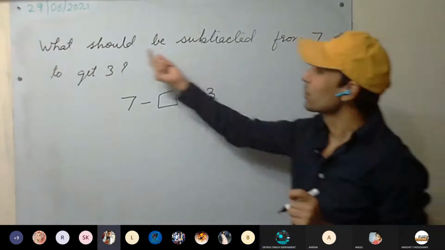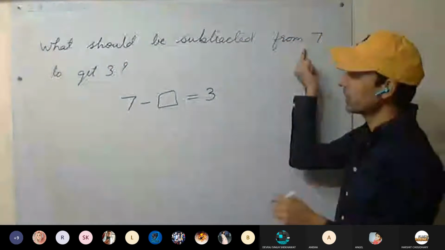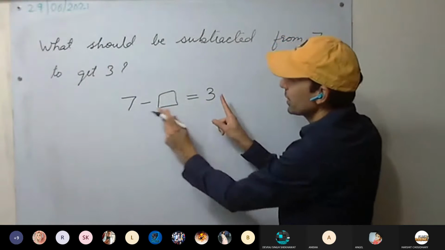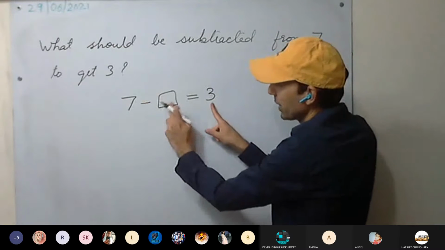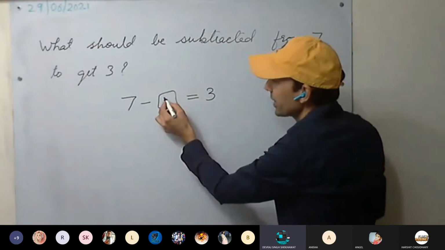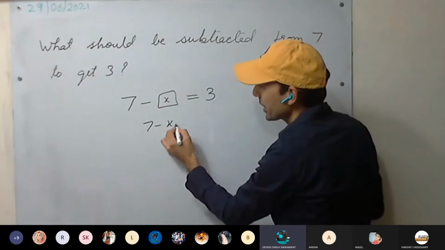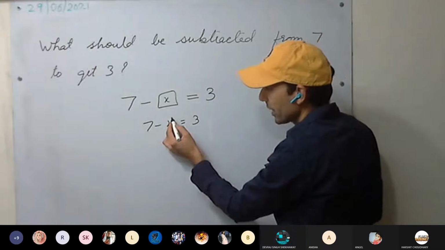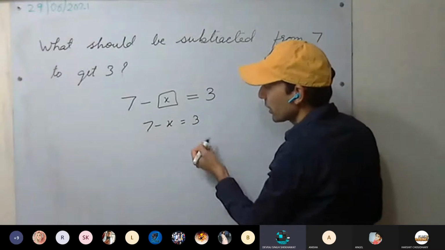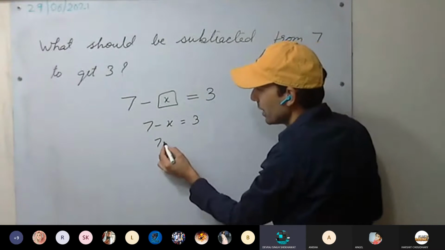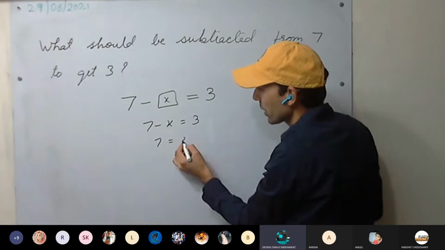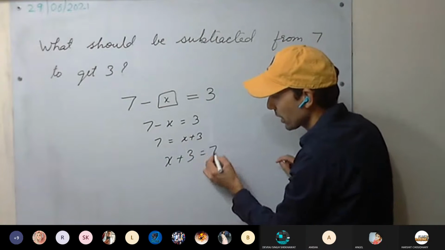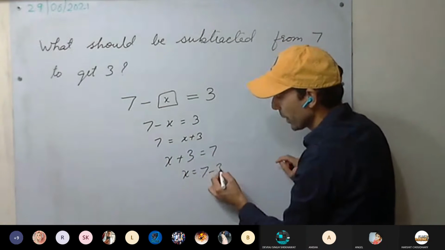So see here, what should be subtracted from 7? From 7, we are subtracting something to get 3. It means if we subtract 3 from 7, we get this one. For example, I have taken it as x. So it is 7 minus x equal to 3. Or we can write 7 equal to x plus 3, or x plus 3 equal to 7, x equal to 7 minus 3.